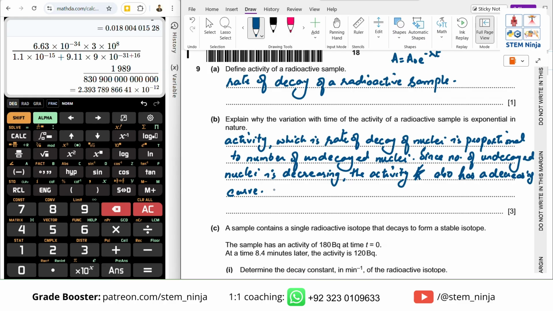Therefore, they said the activity of a radioactive sample is exponential. So therefore it is an exponential decay process.